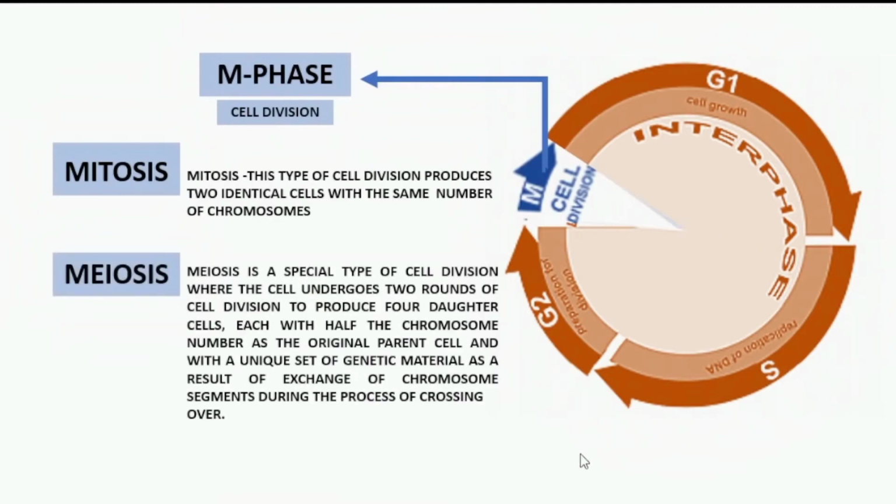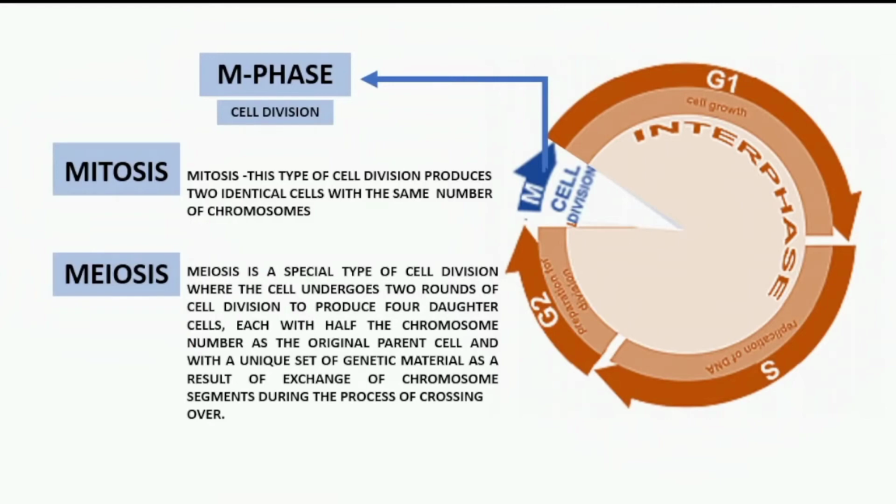Mitosis is a type of cell division that produces two identical cells with the same number of chromosomes, while meiosis is a special type of cell division where the cell undergoes two rounds of cell division to produce four daughter cells, each with half the chromosome number of the original parent cell and with a unique set of genetic material as a result of the exchange of chromosome segments during the process of crossing over.